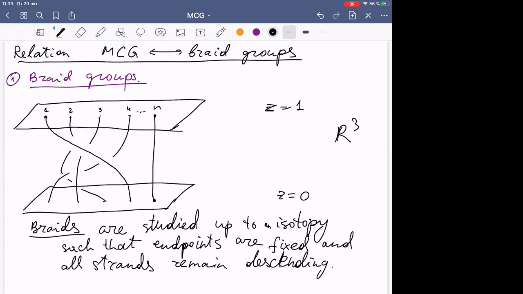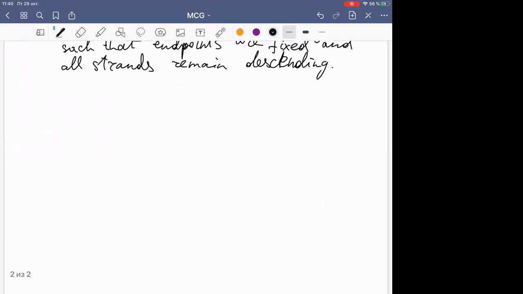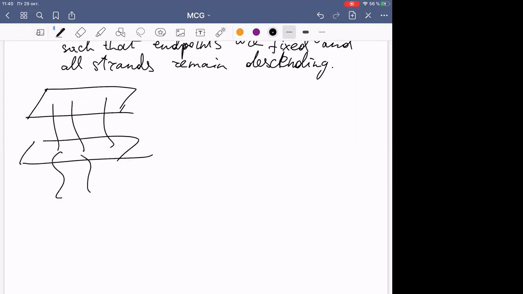Braids form a group with the usual operation. The operation is just concatenation: we consider one braid, and here the second braid.